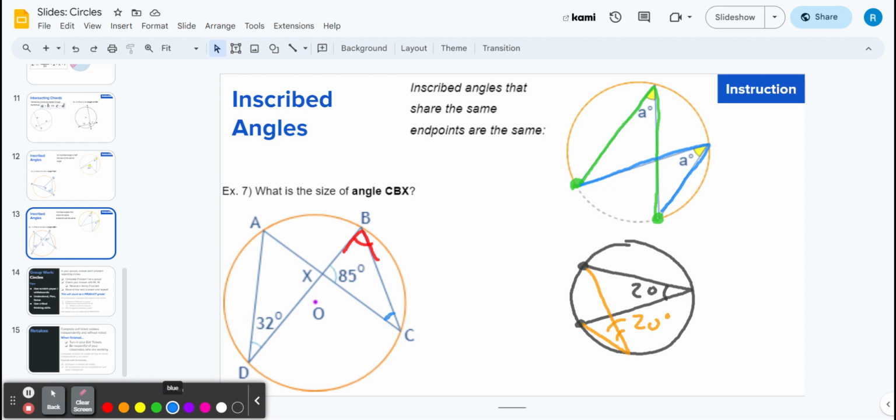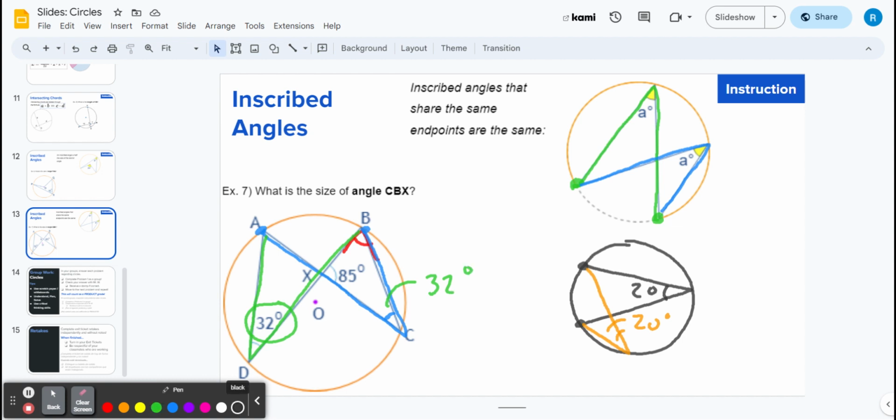So if we look at angle ACB, that shares the same endpoints A and B with angle ADB. So that means that this 32 over here also must be the measure of the angle at C, 32 degrees right here.